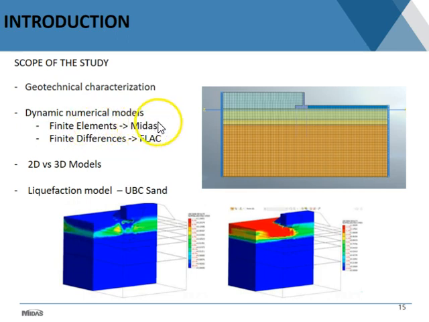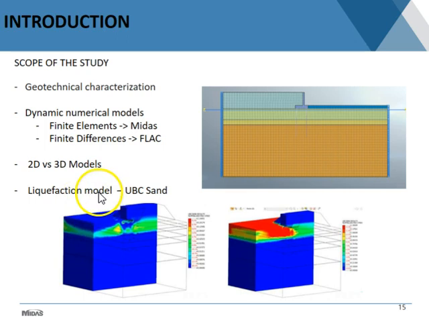This was the model using Midas, and then using finite differences, using FLAC 2D, and also because of the easy way to go from a 2D model to develop a 3D one, we also used Midas to create a 3D model of the same problem and try to make a comparison between 2D and 3D, and try to get a handle of how that was reflected in the analysis.